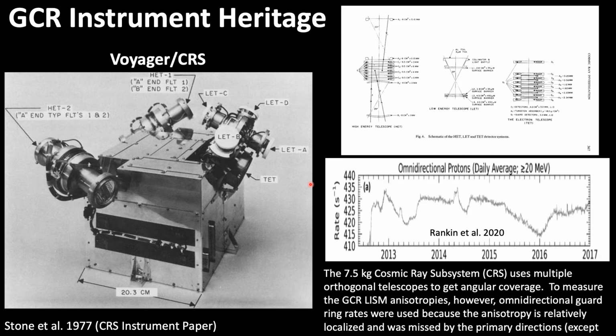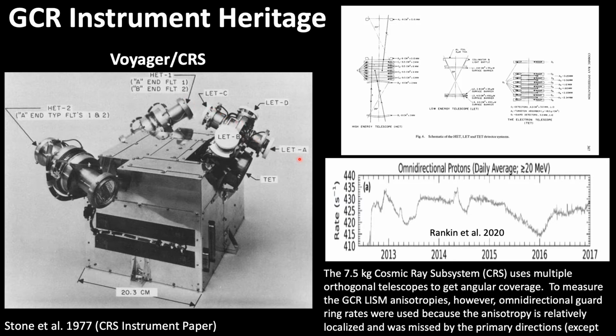The CRS instrument, Stone et al., 1977, is a dedicated cosmic ray instrument and has high energy response, energy resolution and composition, and it has a number of heads at different angles.